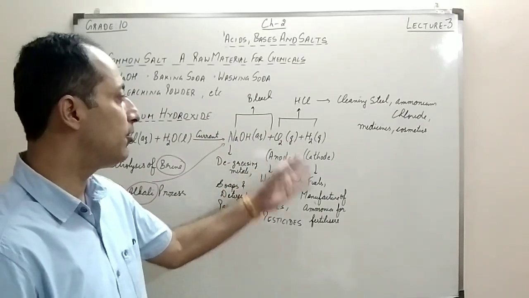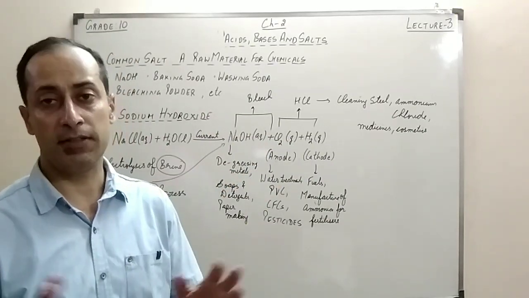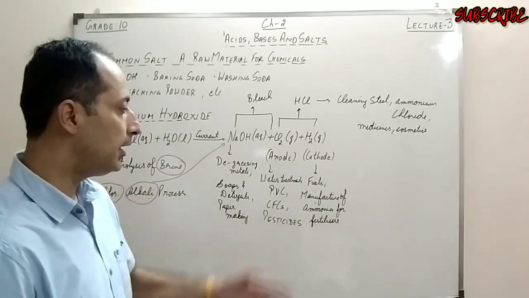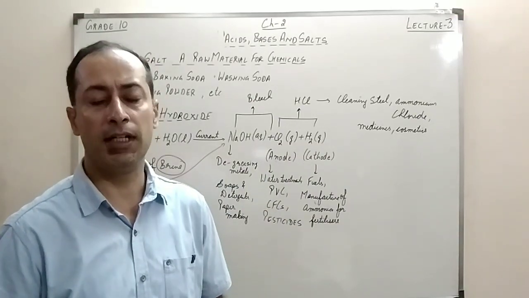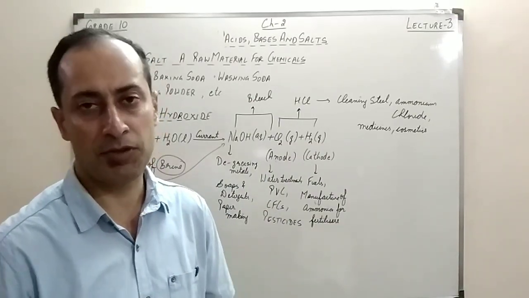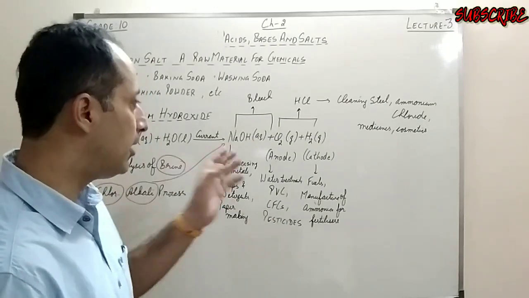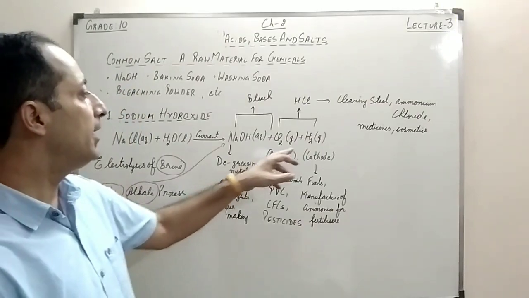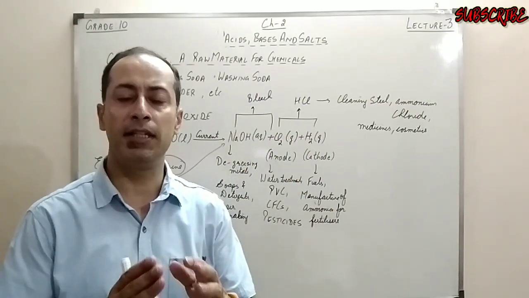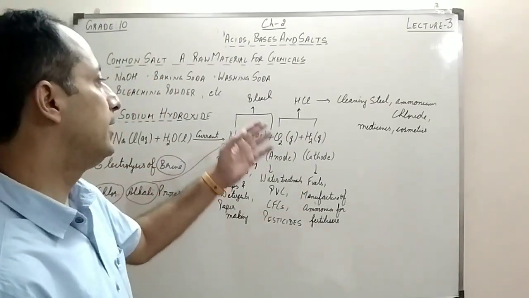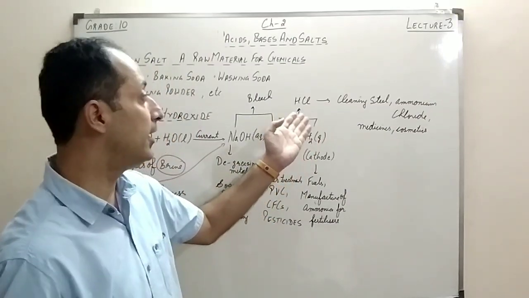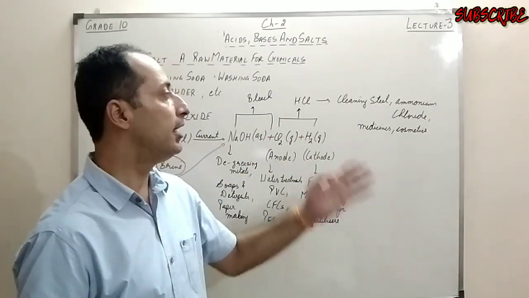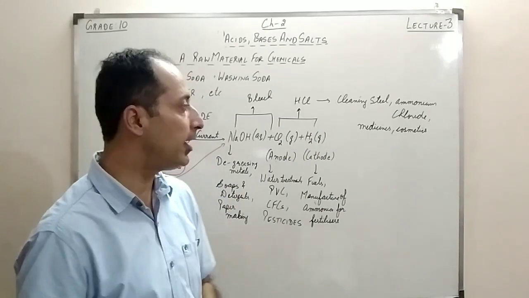Hydrogen is used mostly as a fuel. It is also used in the manufacture of ammonia, and ammonia is used in the formation of fertilizers. Now these are their individual uses. When we combine hydrogen and chlorine, they form hydrogen chloride. The uses of hydrogen chloride are cleaning steel, and the formation of ammonium chloride.